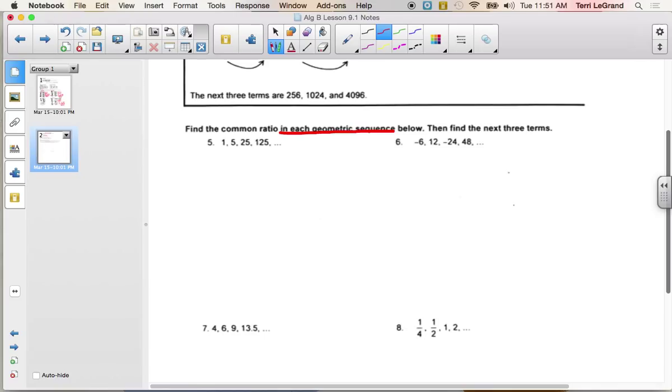So how would I set it up? 5 over 1. I have to take a term and divide it by the previous one. So I right now know that my R value, my common ratio value, is 5. And by the way, I think they do call that an R sometimes. Then we're going to show getting the next 3 terms of that geometric sequence.